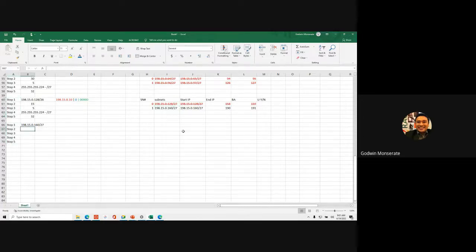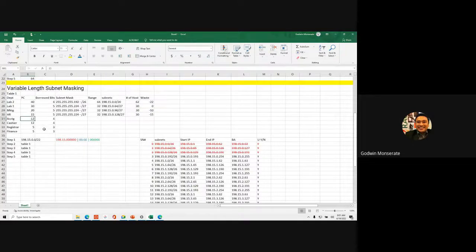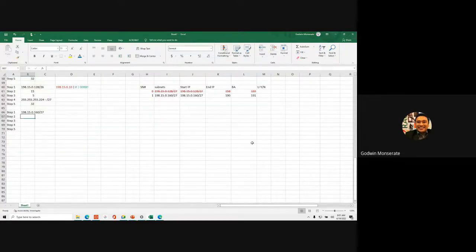Here. So what is our requirement? Our requirement is 12. So how many bits to borrow? 4. Okay? So if we are going to plot 198.15.0.160, 160 is 128 plus 32.